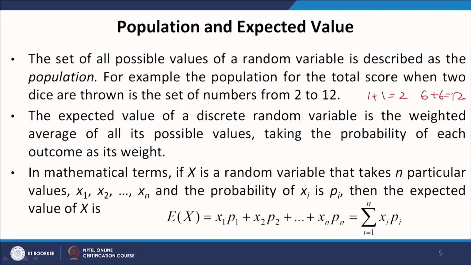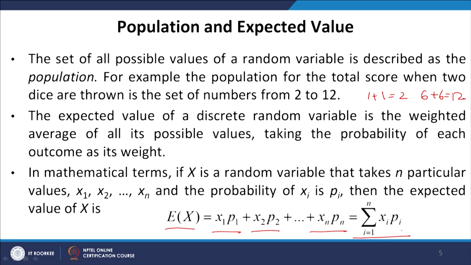I will show you some examples, but before that we will define it. In mathematical terms, if x is a random variable that takes n particular values x1, x2 to xn, and the probability of xi is pi, then the expected value of x is calculated as x1 multiplied by p1, plus x2 multiplied by p2, and so on, up to xn multiplied by pn, and finally we come up with this sum.